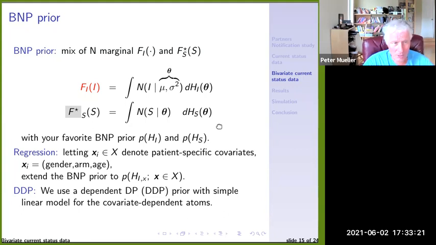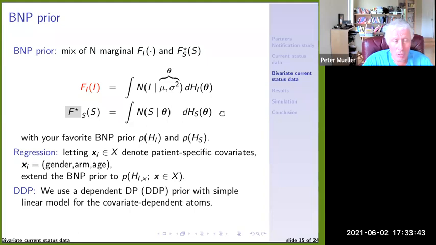And we complete, in the usual BNP fashion, our prior probability model with a BNP prior on the mixing measure, which is the H sub I and H sub S here in this notation. And really there you can use your favorite BNP prior. I don't think it makes much of a difference what you use. Like for univariate distributions, lots of alternatives.